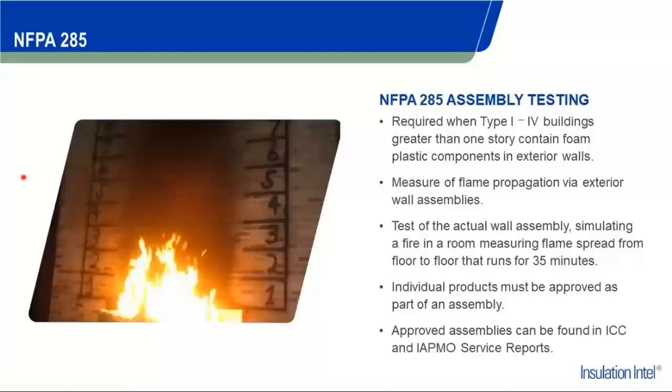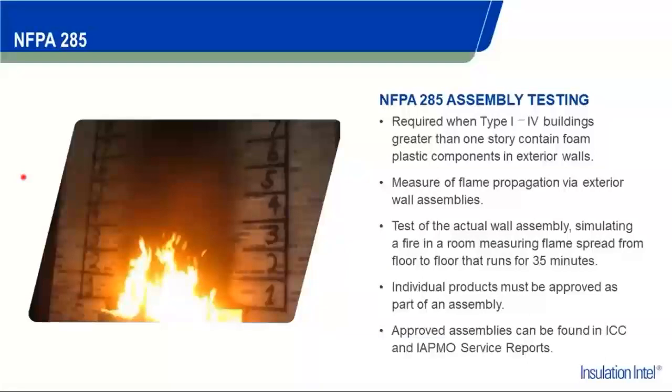So here's an example of the test itself, this is one that's actually being tested as you see in the picture. But these testing assemblies, again, are required to measure the flame propagation through the exterior wall system.